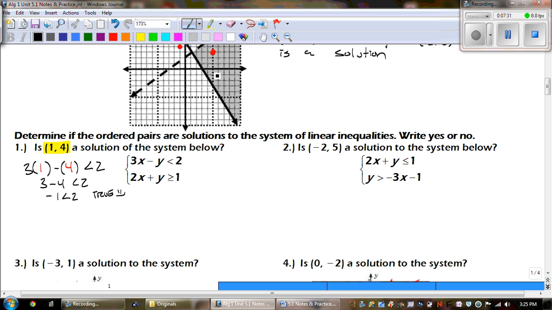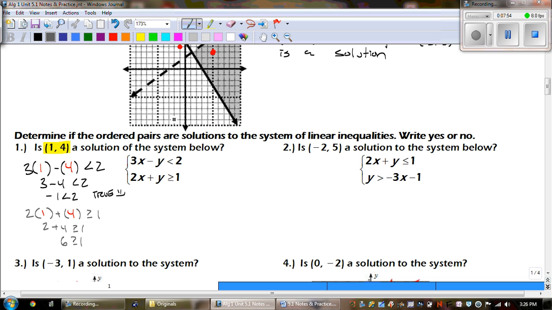That's the first one, but now we've got to check the second one. We have 2x plus y is greater than or equal to 1. Once again, we're plugging in 1 for x and 4 for y. 2 times 1 is 2, plus 4. 2 plus 4 is 6.